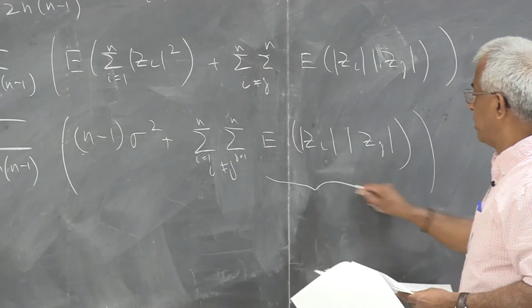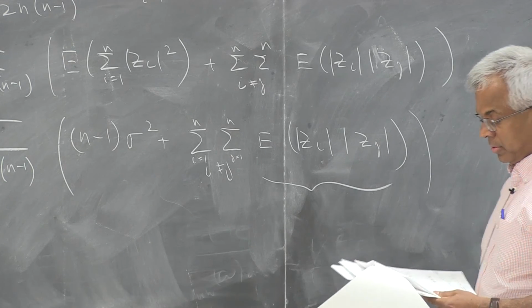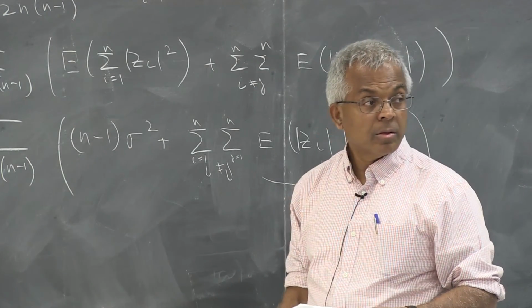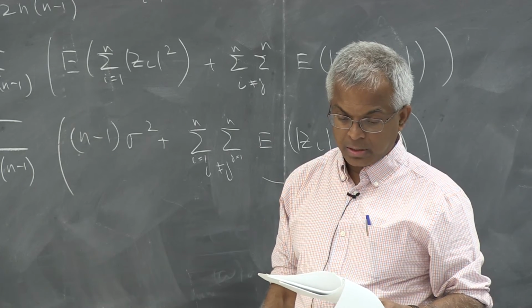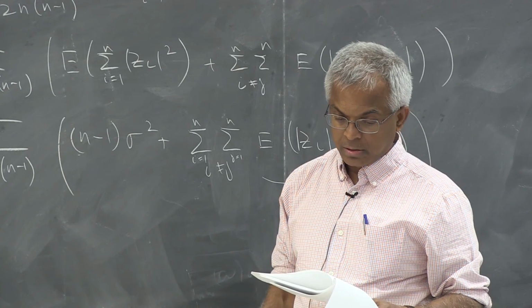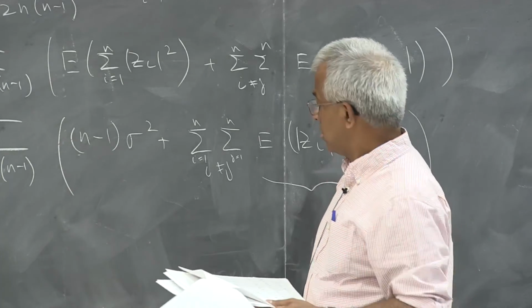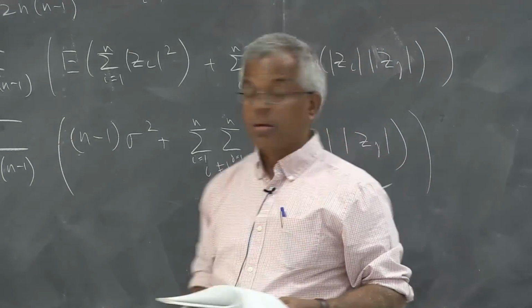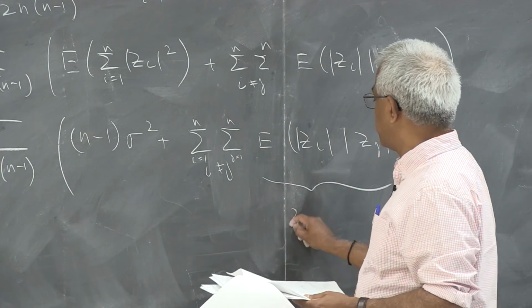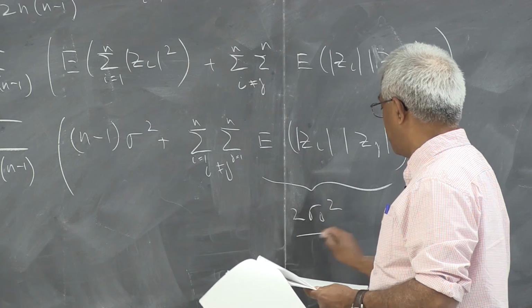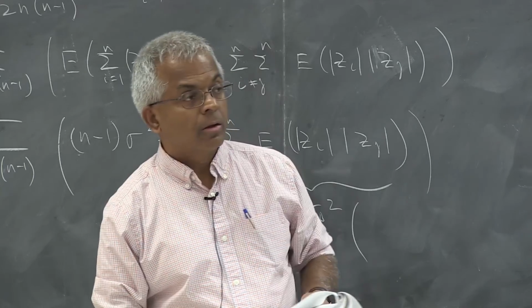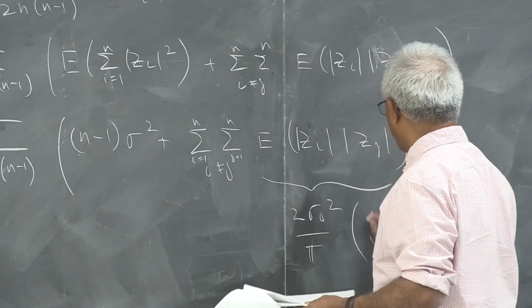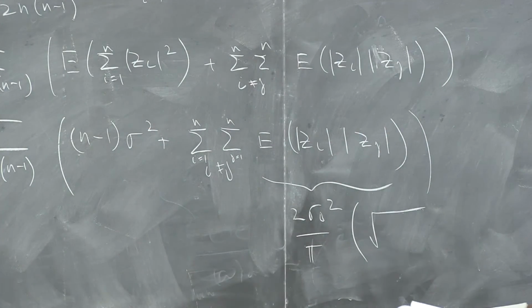So we need that quantity plugged in here. So this quantity is going to be 2 sigma naught squared over pi times square root of 1 minus rho squared.